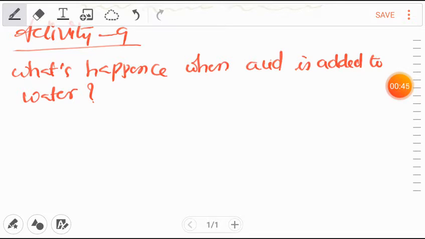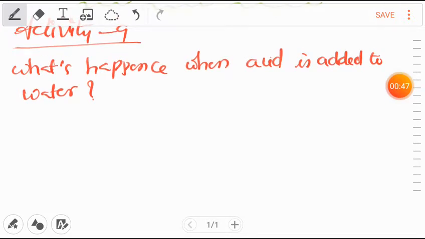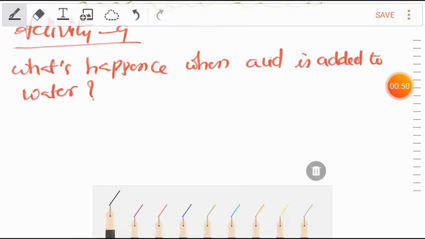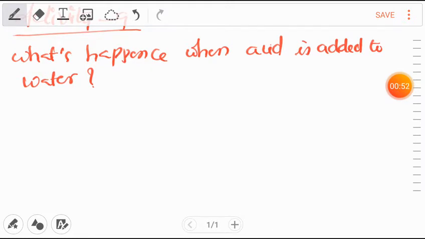So we know that. So we'll do an experiment to understand more about this.